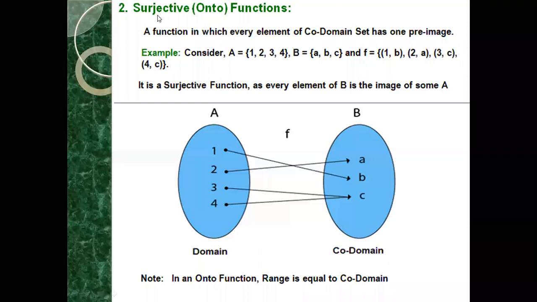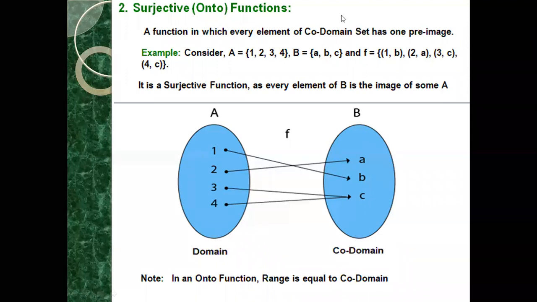Second one, surjective or onto functions. A function in which every element of codomain set has one pre-image.